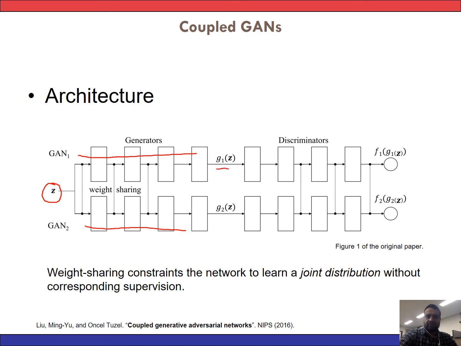So this is G1 of Z from the first domain, G2 of Z is from the second domain, and there are two discriminators which are not sharing the parameters in the initial layers, but they are sharing the parameters in the output layers, and the discriminators then give the outputs f1 of g of z and f2 of g of z. So this is the architecture for the coupled GAN.